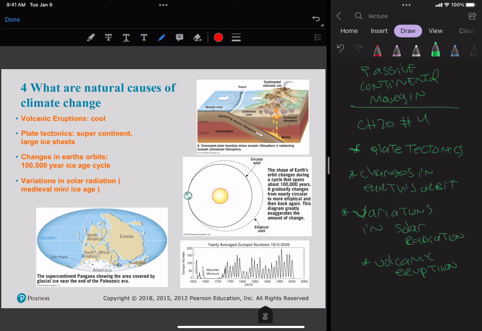All of these can cause climate change events. For example, volcanic eruptions cause mass extinctions, the Permian mass extinction and the dinosaurs. Plate tectonics and changes in the Earth's orbit have brought ice ages.